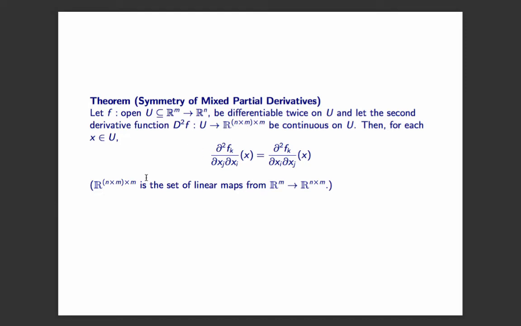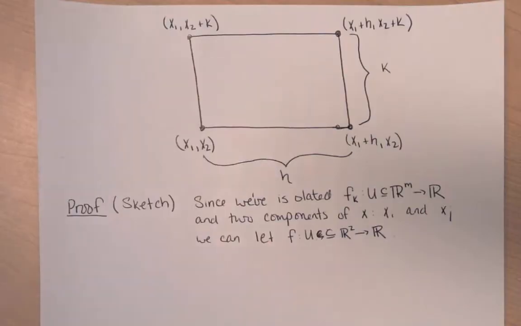Now, suppose that the second derivative is continuous on U. Then, for each x in the domain, I can take the derivative first with respect to xi and then with respect to xj, or with respect to xj first and then with respect to xi, and get the same thing.